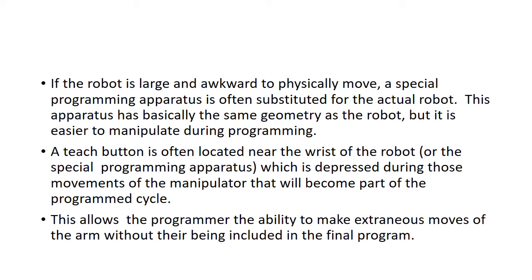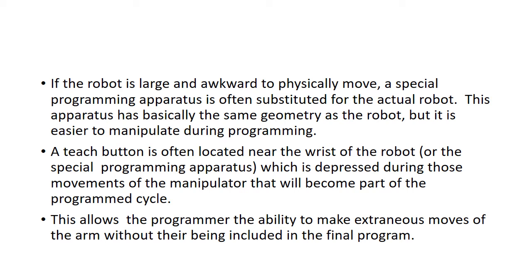If the robot is large and awkward to physically move, a special programming apparatus is often substituted for the actual robot. This apparatus has basically the same geometry as the robot, but it is easier to manipulate during programming.